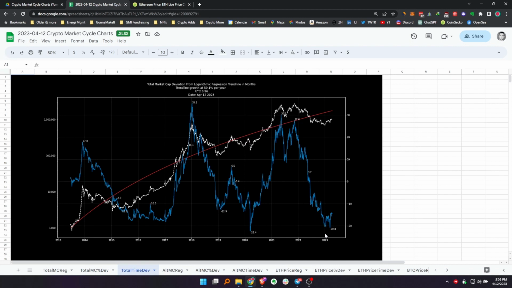This is a chart of how many months undervalued or overvalued. The reason this is interesting is that the growth rate slows over time, so it's interesting to me to figure out how much time, expressed in time, is undervalued or overvalued. You can see that crypto right now is about as undervalued as ever. Holy moly. All right, let's move on.